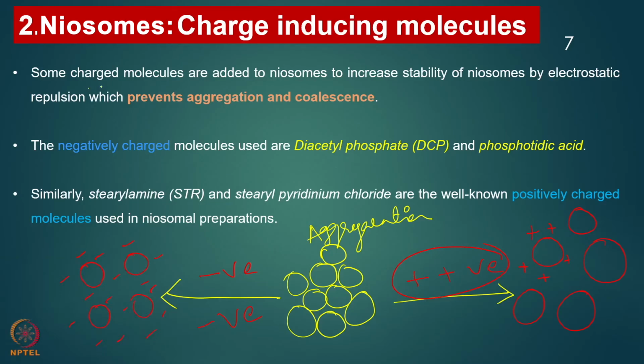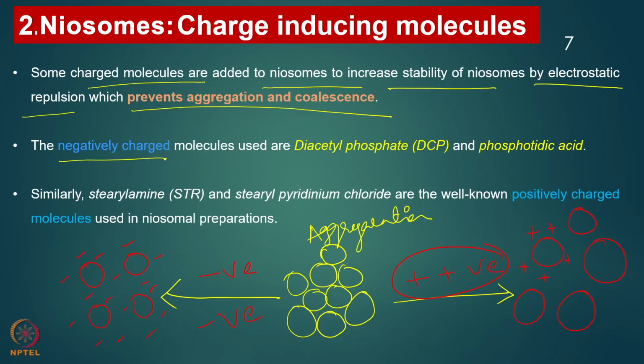These charge molecules should be added to increase the stability of the niosomes by electrostatic interaction, which will prevent the aggregation and coalescence of the niosomes. If you want to add a negative charge, you can use dicetyl phosphate, DCP, or you can also use phosphatidic acid, which will provide a negative charge on your non-ionic surfactant carriers, also known as niosomal formulations.